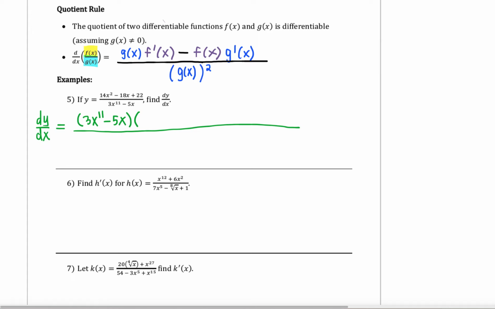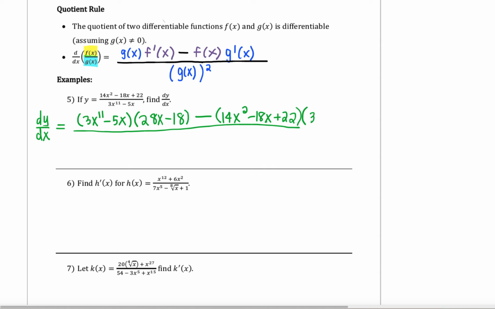I now need to find the derivative of the top. So for the derivative of our numerator, we can use the power rule. We'd get 28x minus 18, minus, now I want the original numerator, 14x squared minus 18x plus 22, times the derivative of the denominator, and again I'm going to use the power rule.